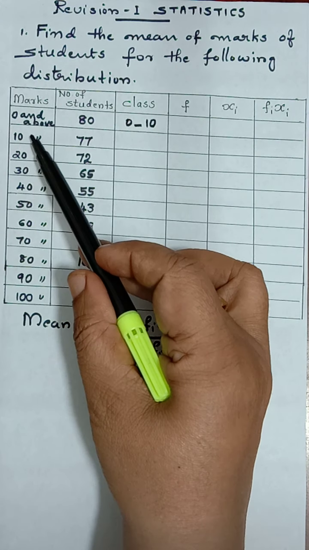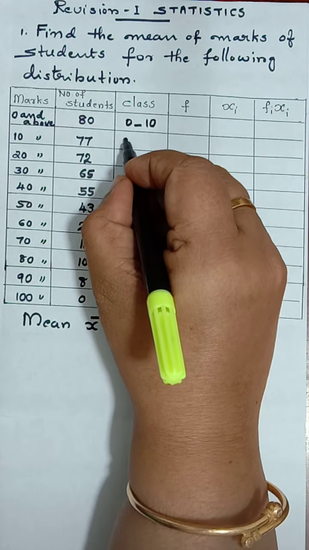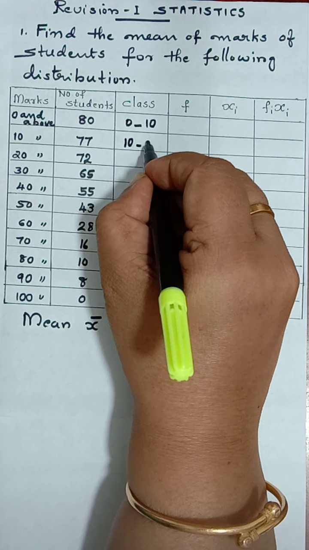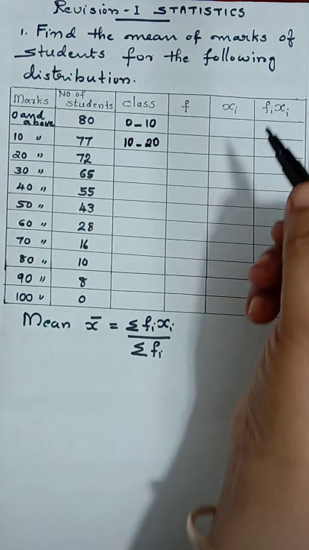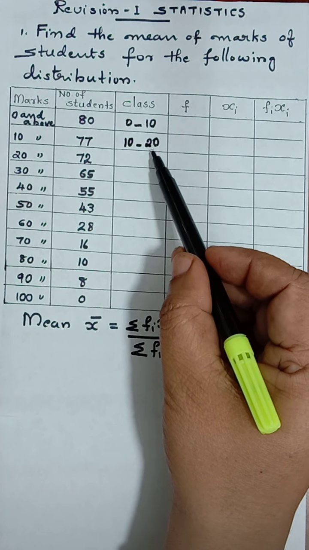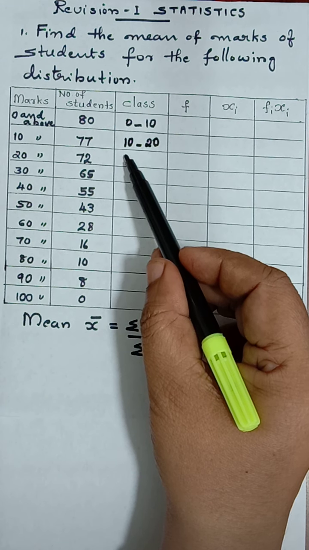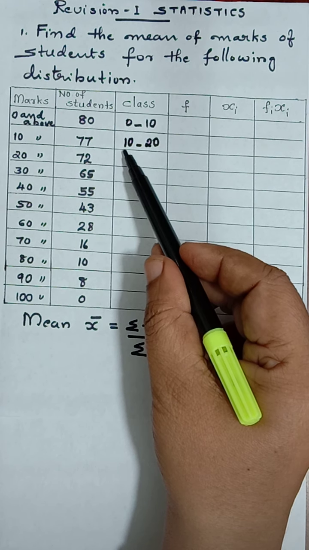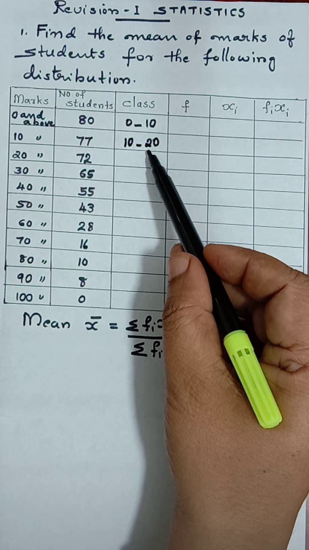Next is 10 and above. That means we are going to take a continuous class interval. Let it be 10 to 20. Here also the upper limit is 20, the lower limit is 10. So 20 minus 10 is 10. That is called class size.